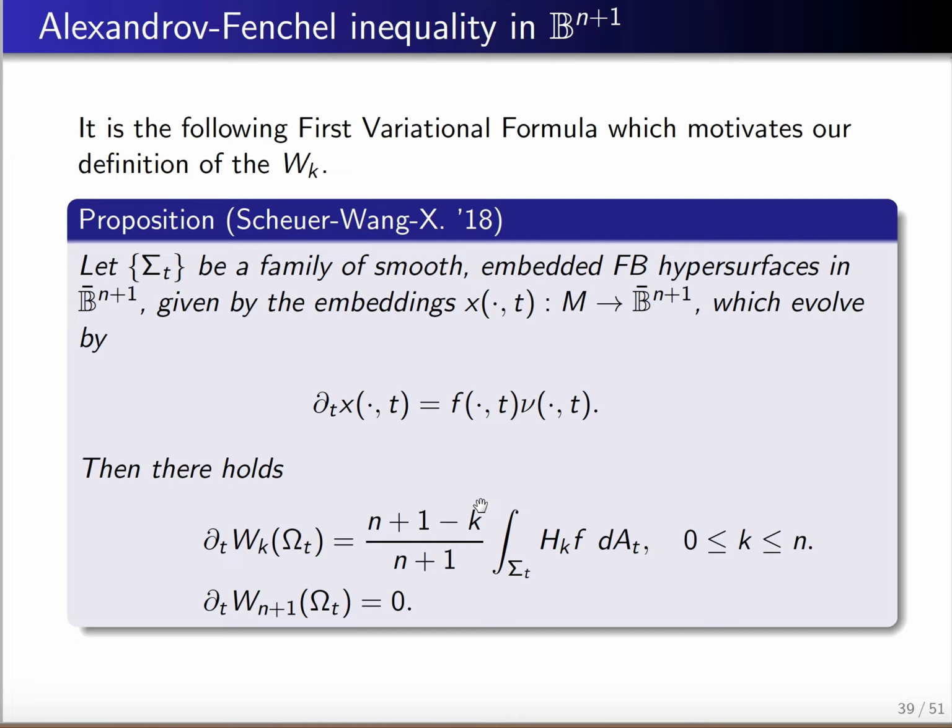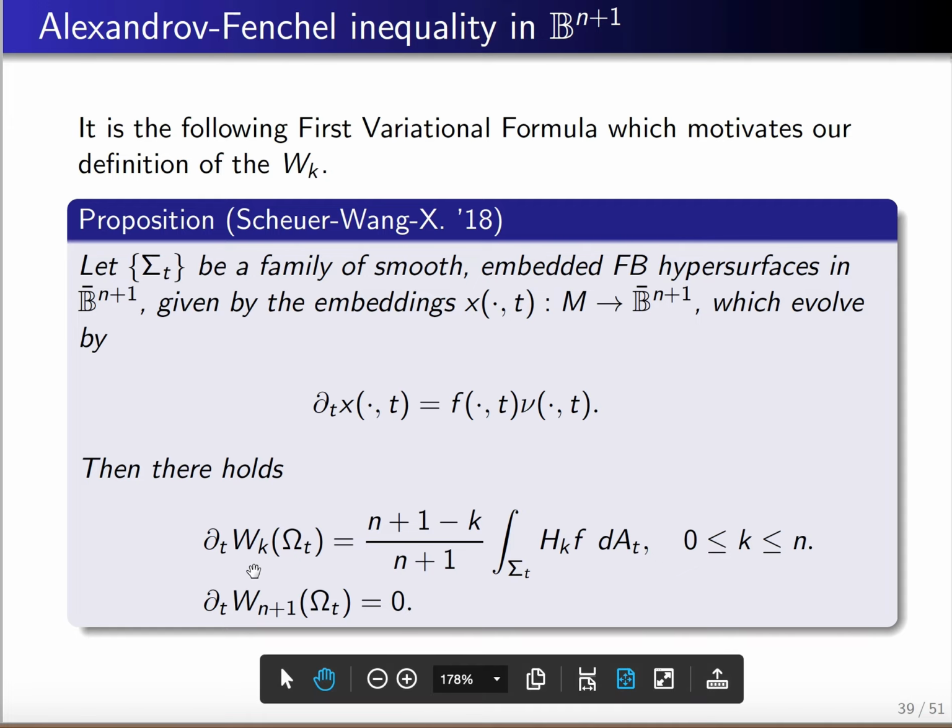We prove that if you have a family of smooth embedded free boundary hypersurfaces in a ball, given by the embedding xt from M to the ball, which evolves by the flow with speed f, then the first variation of Wk is given by the integration of hk times f, and the first variation of W_{n+1} is 0.